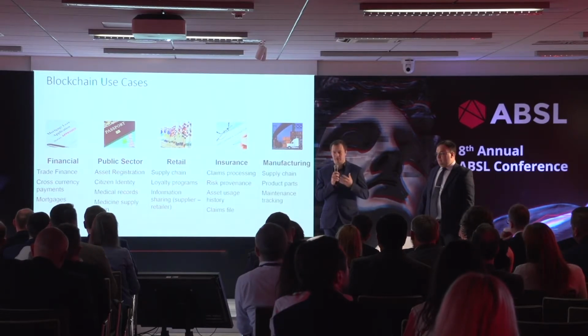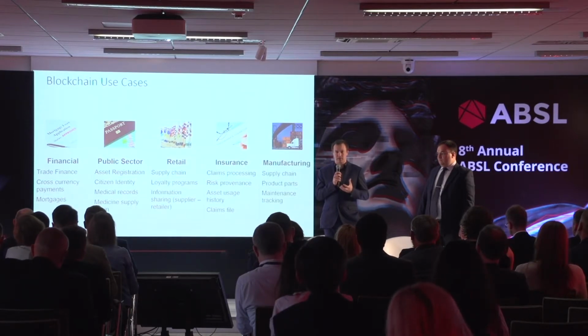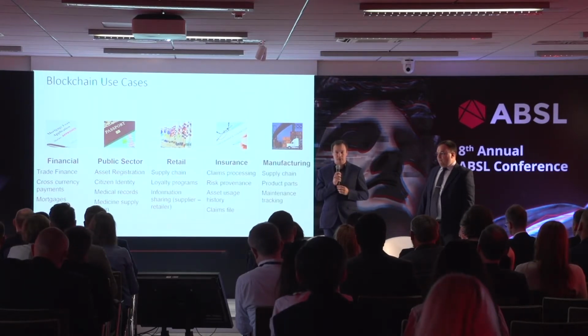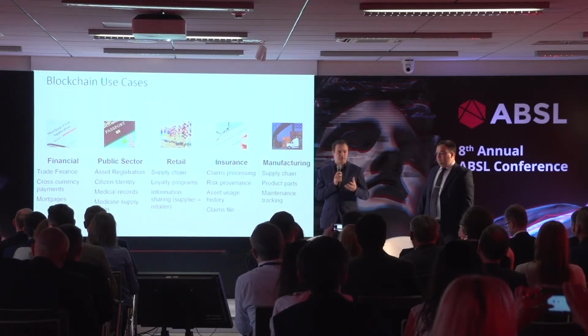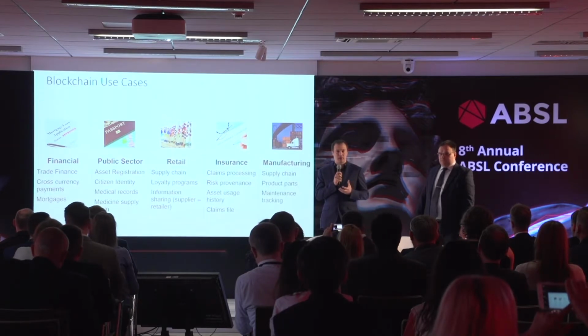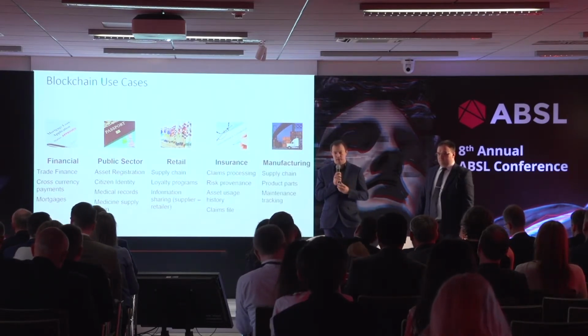Some examples from financial sectors. Of course, the first idea is mortgages or reverse mortgages as well. So you have a few parties that need to be sure that you give money to the person that is verified.